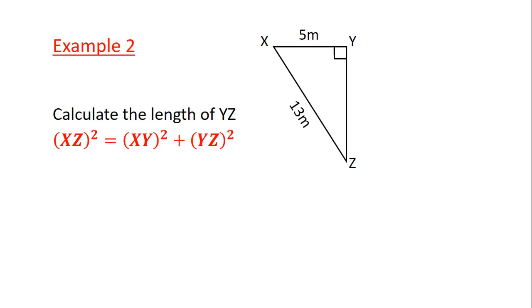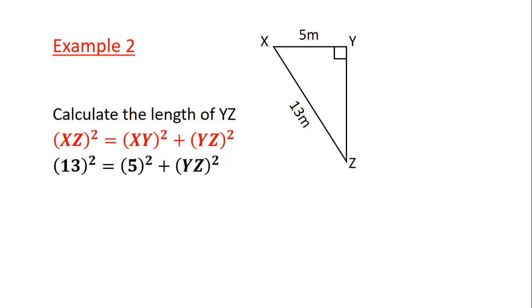So we know what XZ is. XZ is 13 meters. So we just put the number in, we drop the units, we put the units in at the end. That equals XY is 5 meters, and so that's 5 squared plus, and then YZ is what we're looking for, so we just write down YZ squared.